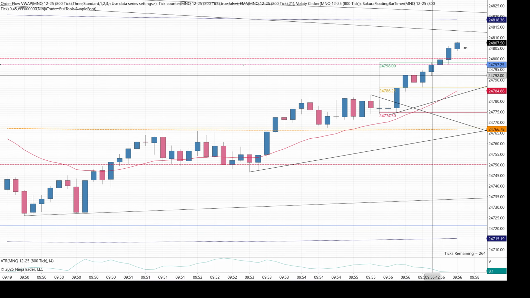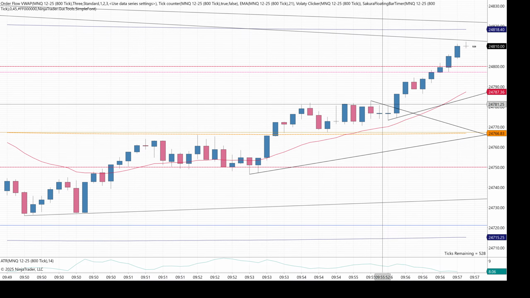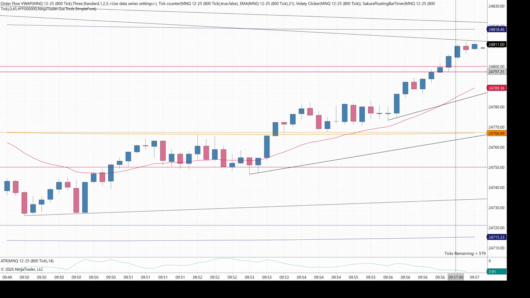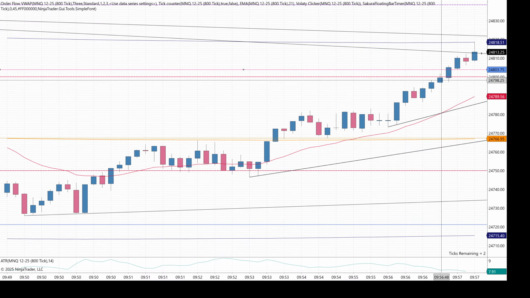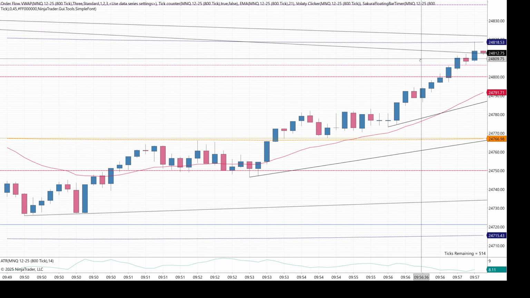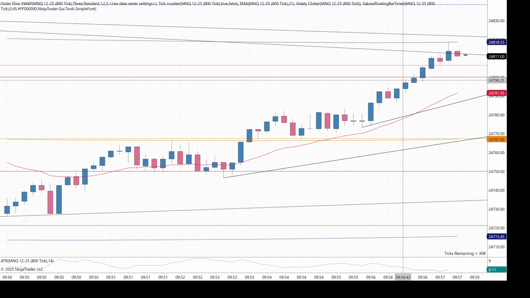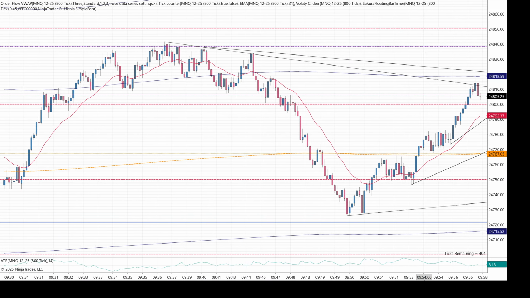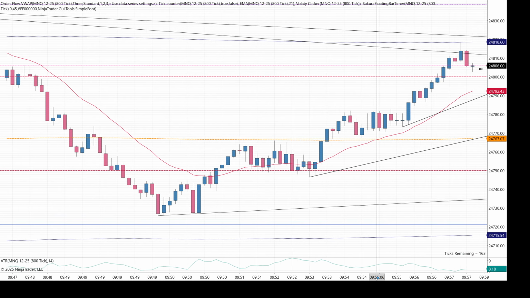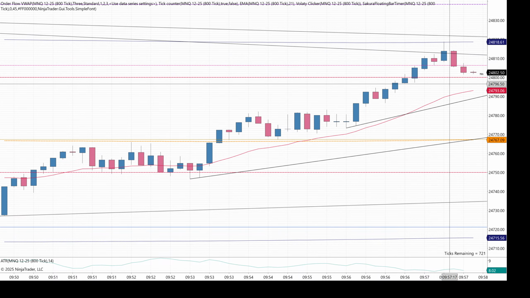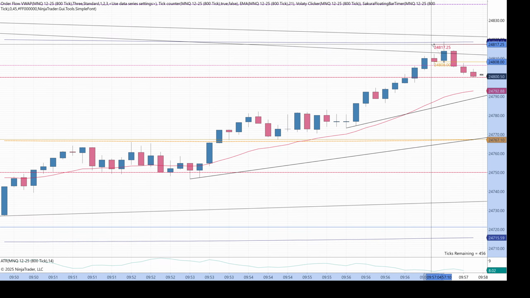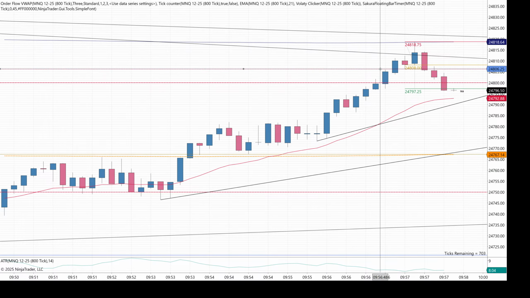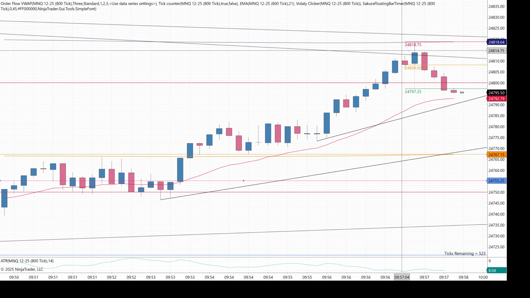So okay, we're running into standard deviation and these trend lines up there. Technically this was a bearish trigger because we rejected standard deviation. Let me keep track of the runner now.